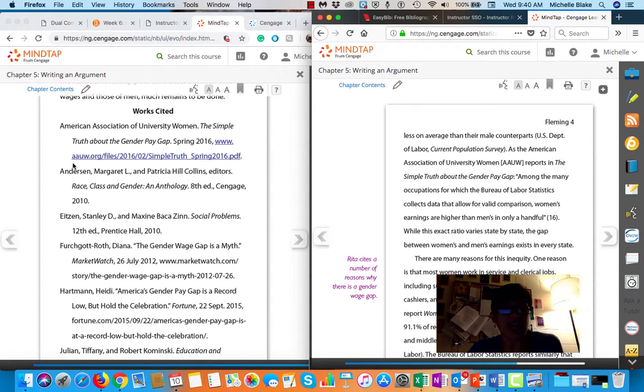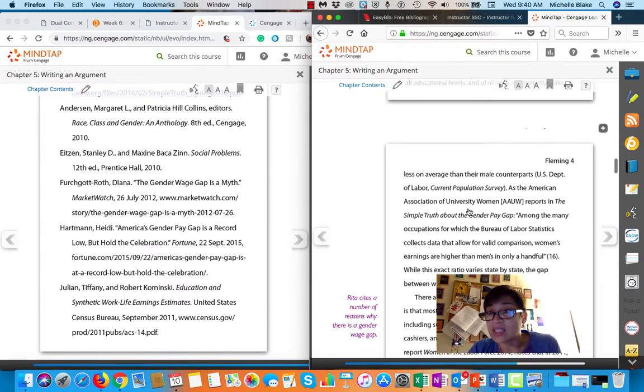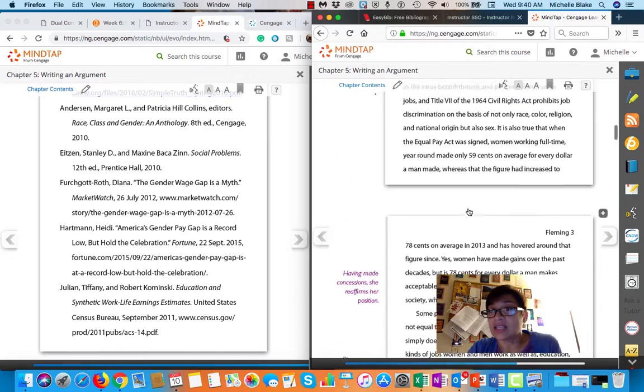The purpose of that is so that it's very easy for the reader to see these first words. Most of the time it's a person's last name, but sometimes if there's no author, you have something like the American Association of University Women. That is exactly what goes into the in-text citation.